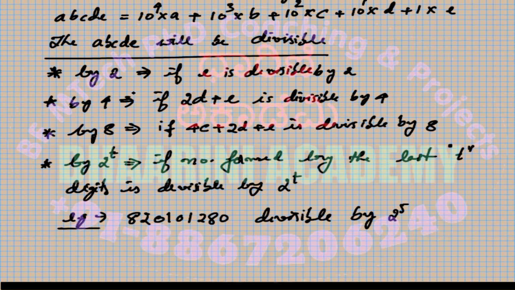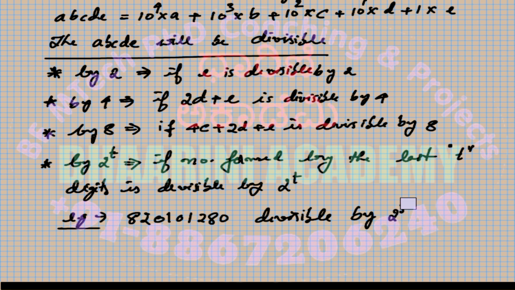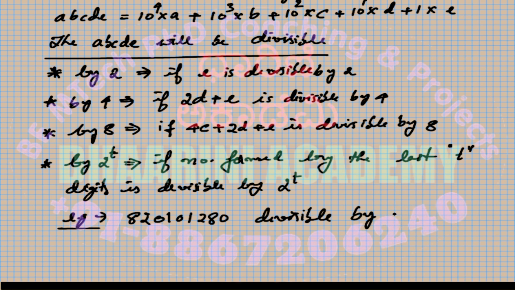So 32 means it is 2 to the 5. It says that if you have 2 to the t, just form a number from the last t digits of the given number. Here 2 to the 5 implies t is equal to 5. So extract the last 5 digits from the given number.